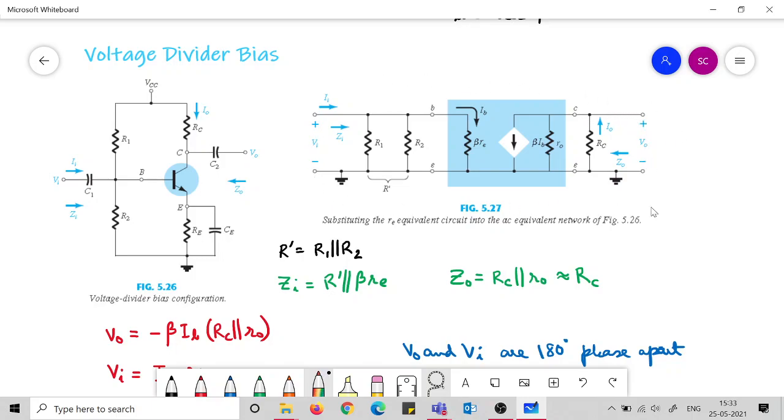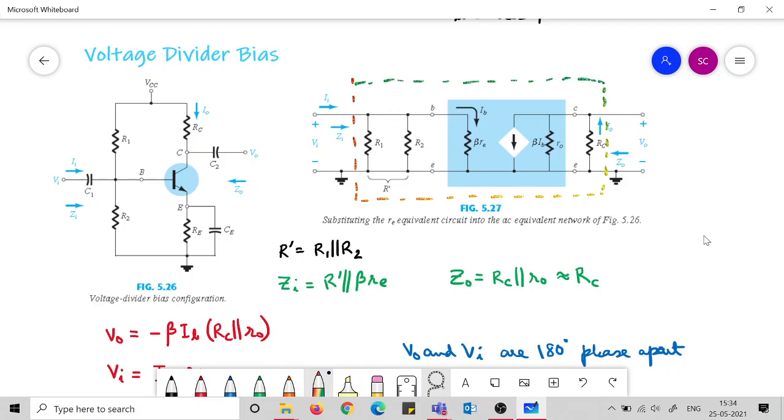Now you have set up this AC equivalent circuit, and utilizing this AC equivalent circuit, we will now be doing the rest of the analysis. What you have to find out are the parameters of the two-port network, understanding the boundaries of the system here.